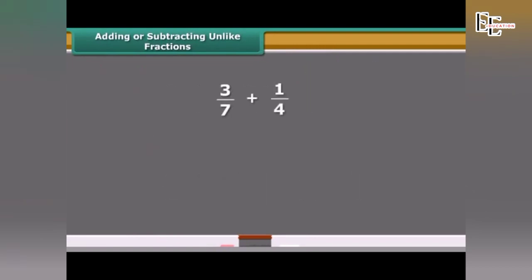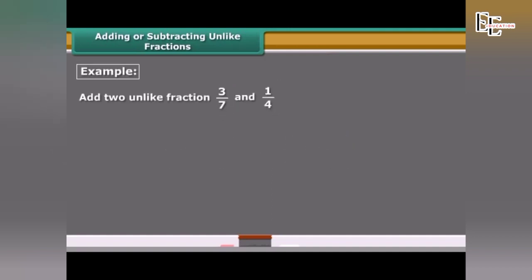It is also not very difficult to add unlike fractions that do not have the same denominator. When we have to add or subtract these fractions, we first find equivalent fractions with the same denominator and then proceed. For example, 3/7 and 1/4 are two unlike fractions.